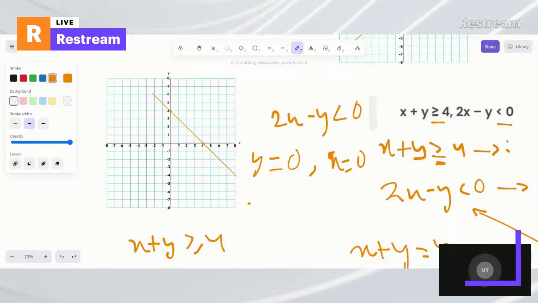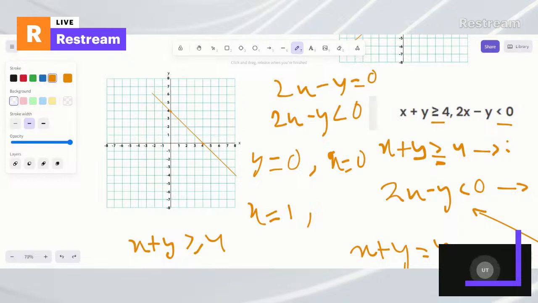Now if I place x as 1, what's the y that I will get? 2x minus y equals 0.